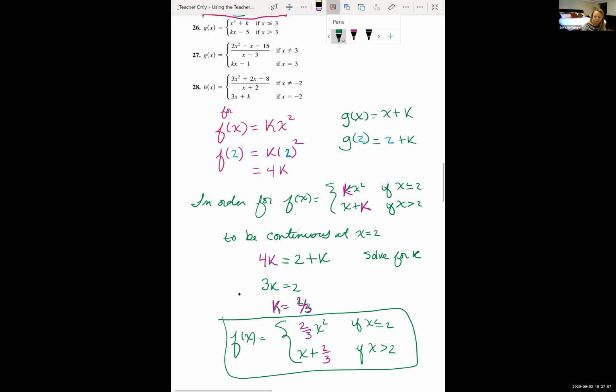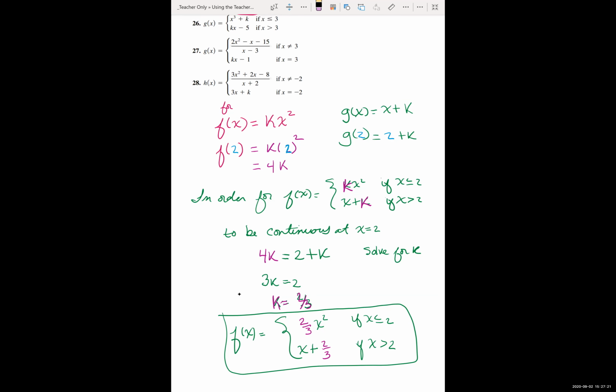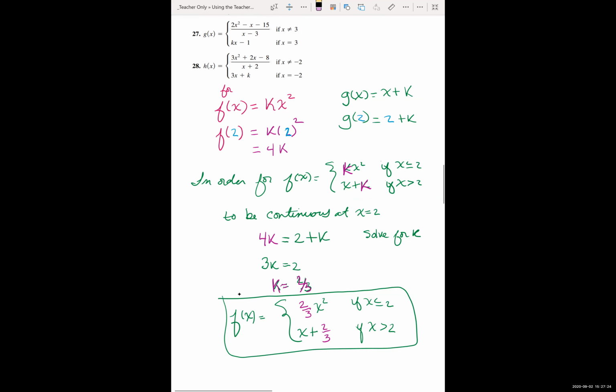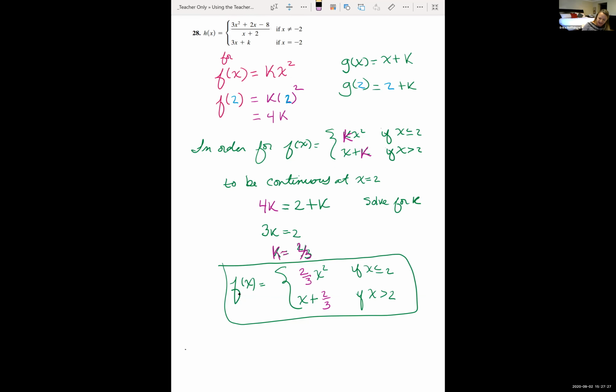One more. So maybe 28. Let me just rewrite it down. So 28, this one says h of x, this is equal to the first equation, which is rational, 3x squared plus 2x minus 8, and then that's all over x plus 2.